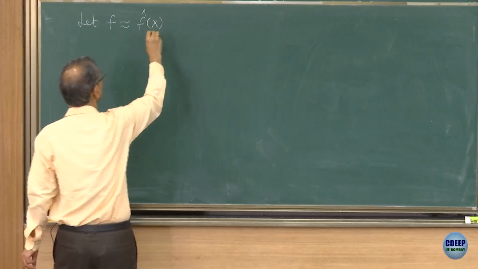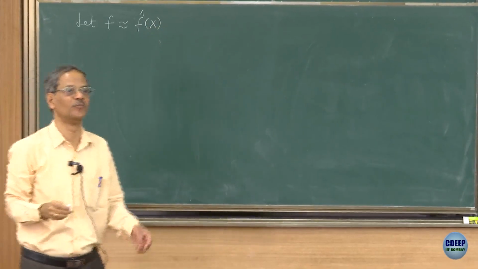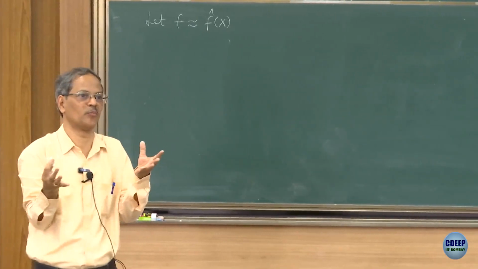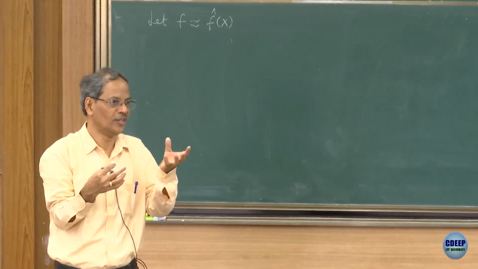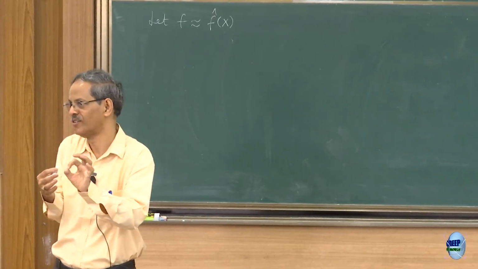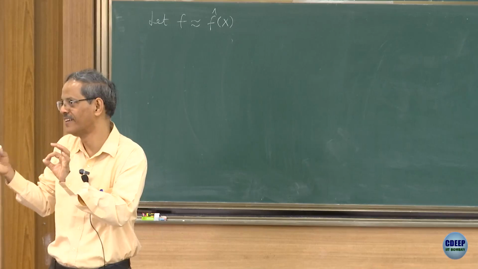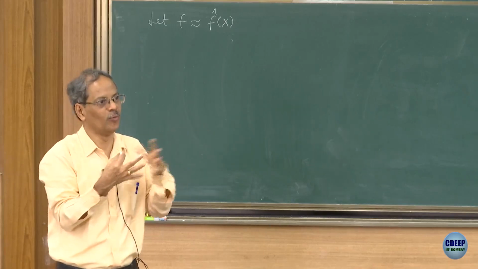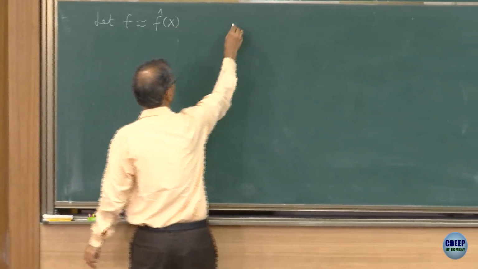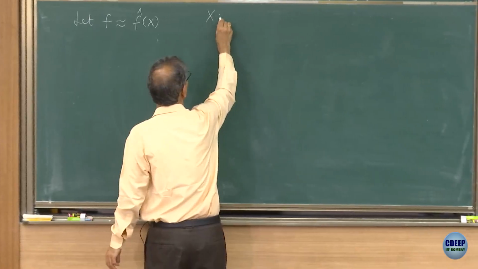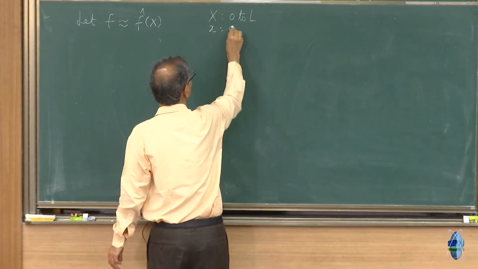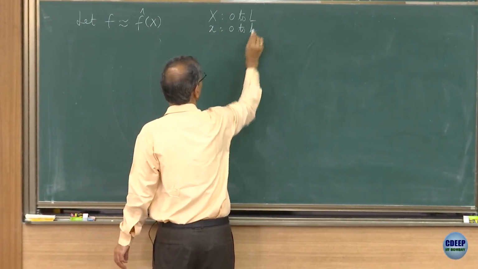Please also note that I am using now capital X because when we said piecewise continuous trial function approximation for a weak form, we introduced local coordinate frames. That would be small x varying from 0 to small l. This is capital X, which is a global x coordinate which runs from 0 to capital L. So if you want, you can write it down somewhere here. Capital X will go from 0 to capital L. Small x will go from 0 to small l.